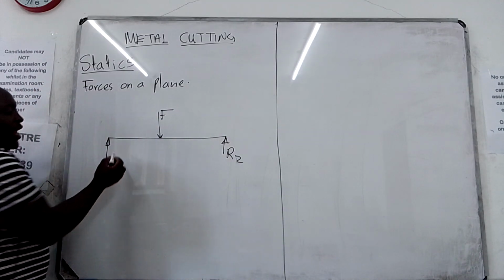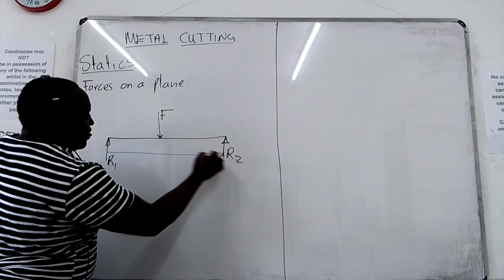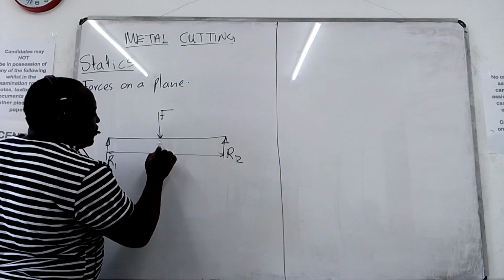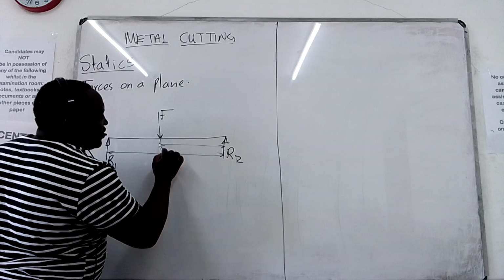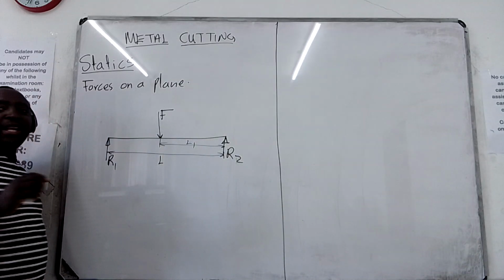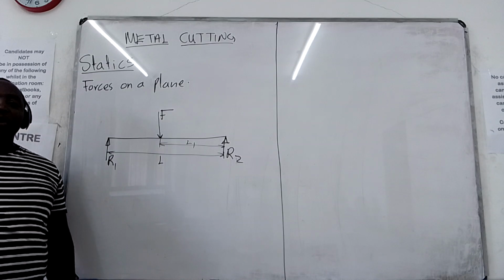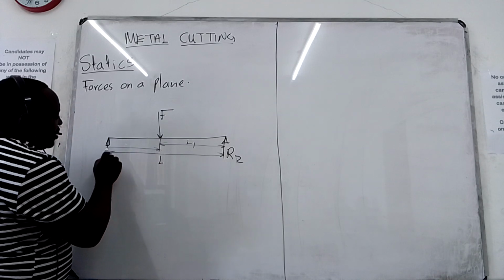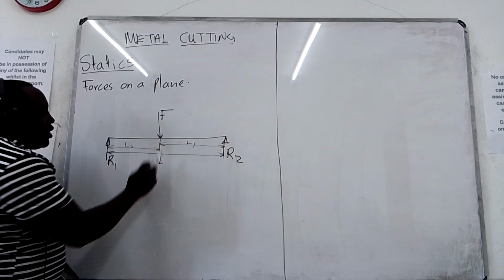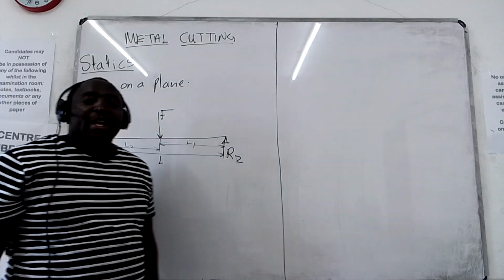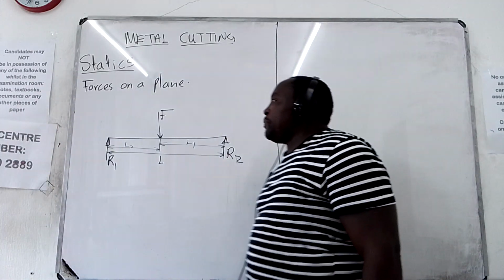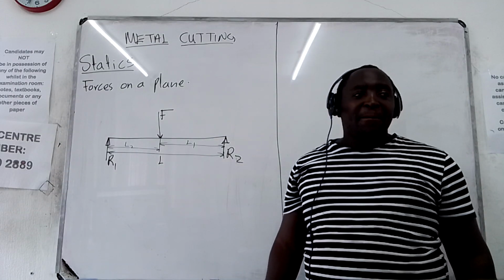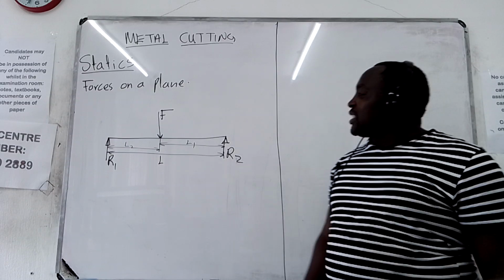Then I've got length L, and from there to there is L1, it doesn't matter what length it is. Then let me have this side as L2. This is the simple drawing that we have, and we call it a simply supported beam.